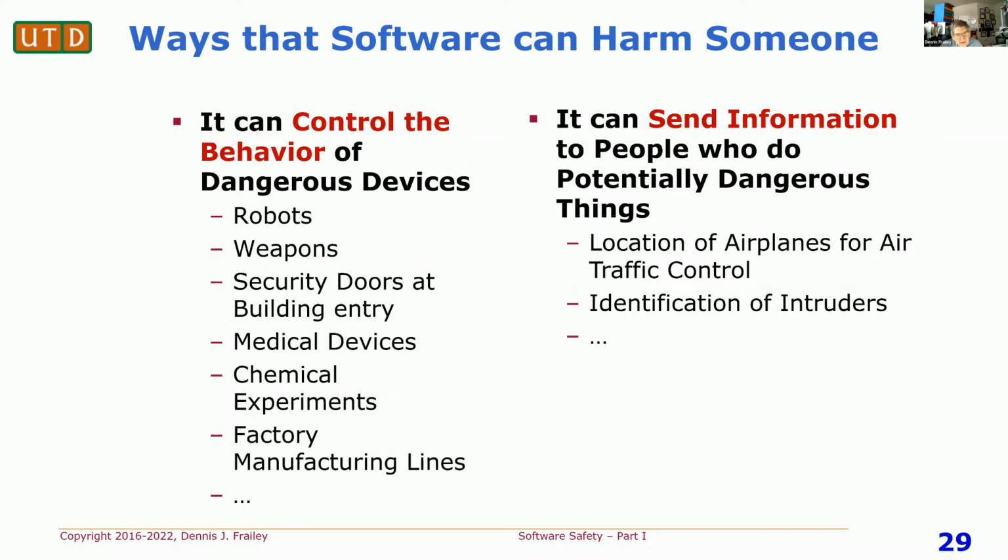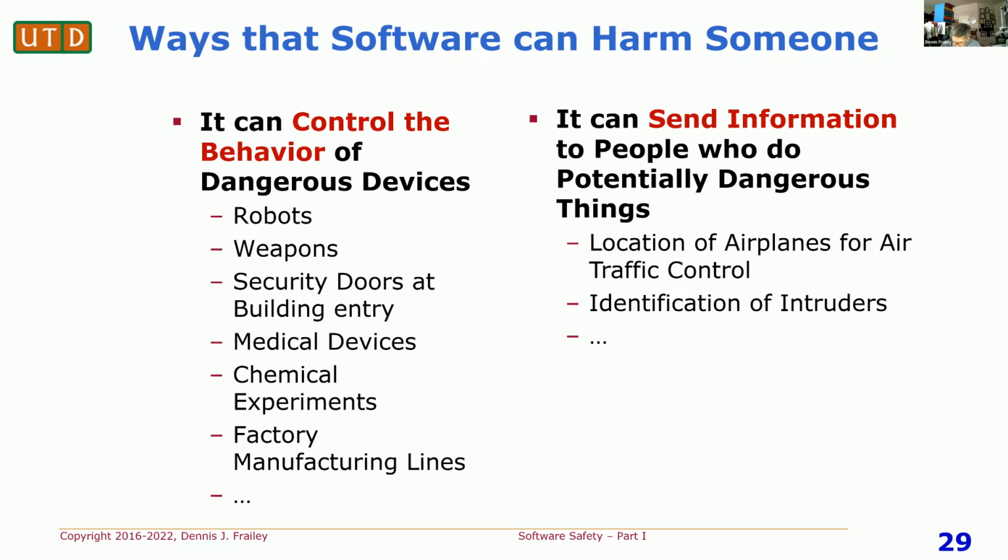But it can also send information that is wrong or dangerous. And it can send information to people or machines that do dangerous things. And if they get the wrong information, they may do the wrong thing. For example, sending data to an air traffic control system about where the airplane is. If you don't send the right information, you can issue the wrong commands to the pilot.